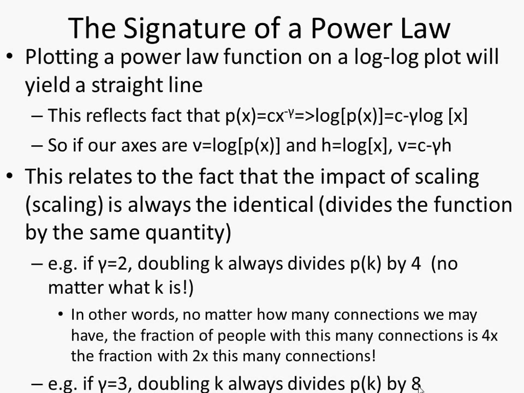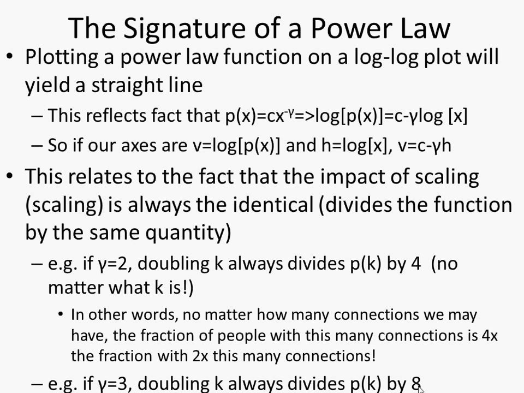A huge difference, much bigger than between 1 and 2 in absolute terms, but it's still only off by that same factor of 4. The factor of 4 is dictated by doubling: 2 to the minus gamma. So no matter how many connections we have, the fraction of people with twice as many connections is just 1/4 as large. Okay, so if gamma equals 3, doubling k always divides by 8. Okay?